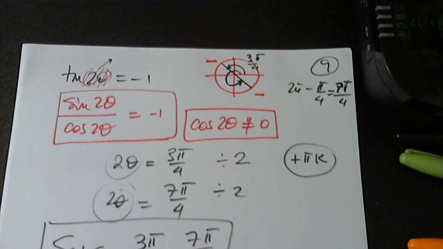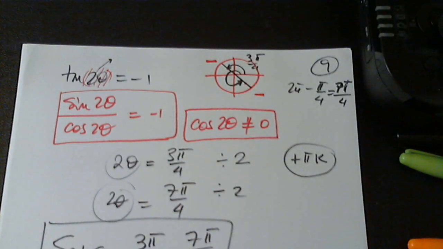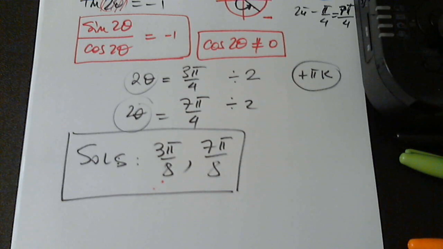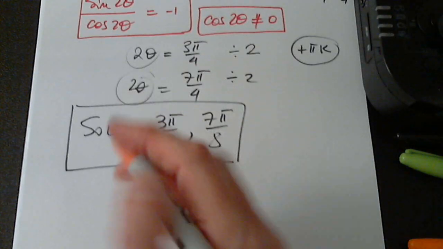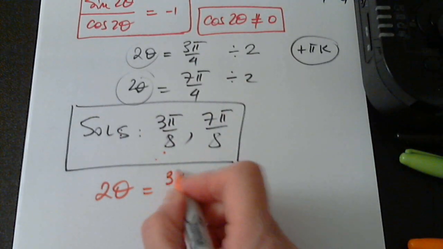Can you let me continue? If you divide by 2 you get theta. Yes, you will have pi over 2 k, of course. And then you would substitute integers in for k. You don't have to, unless they are asking you to find particular solutions. Let's do that.